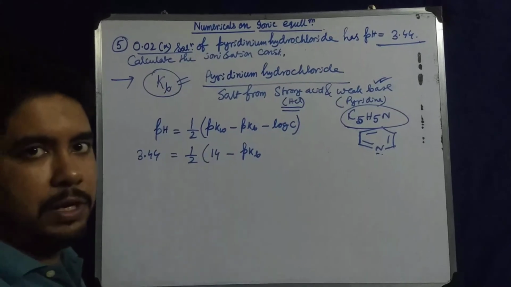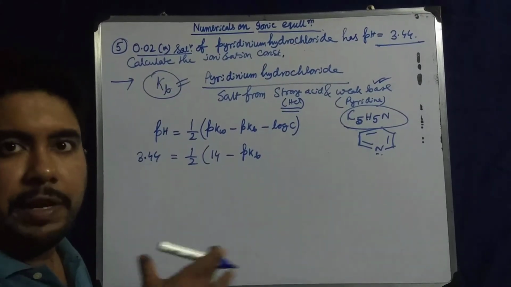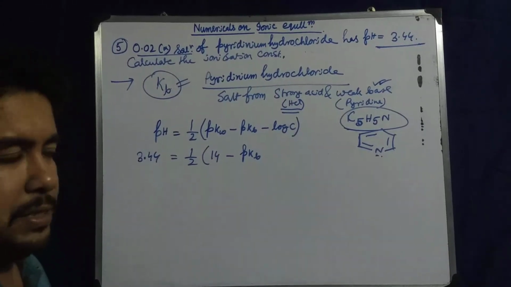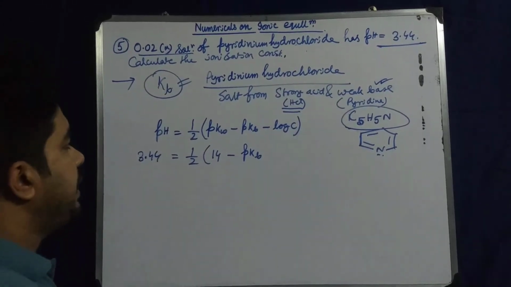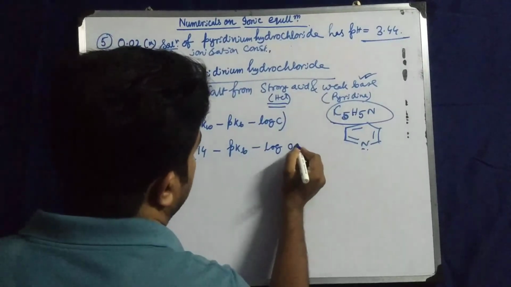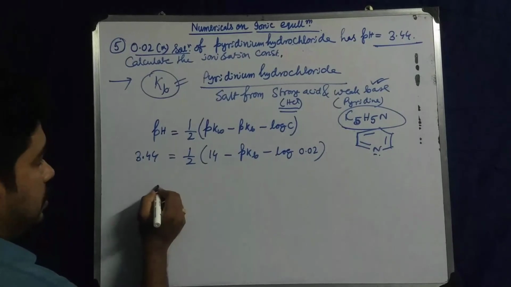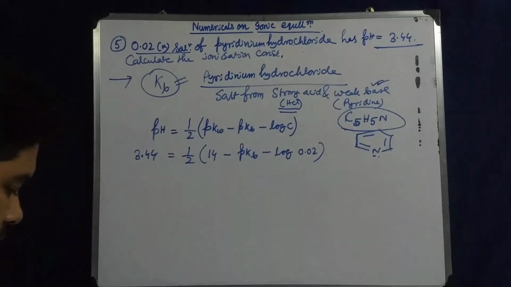Previously we calculated the solution becoming basic with NaOH, where we calculated pK for the weak acid. That's the case over here. So we will calculate pKb and minus log C, log 0.02. So let me solve this one. At last we will get the pKb.